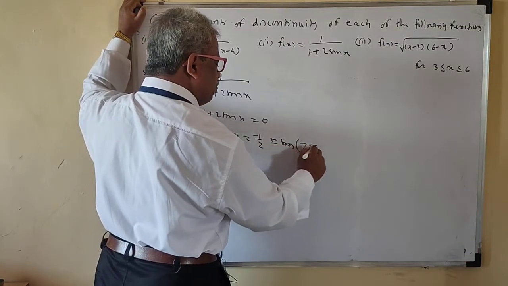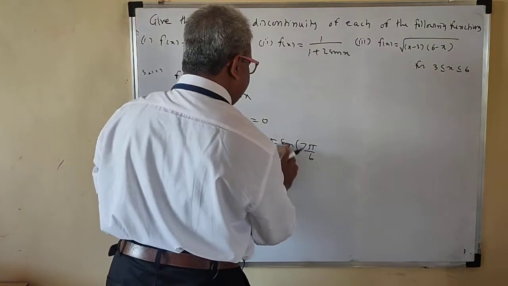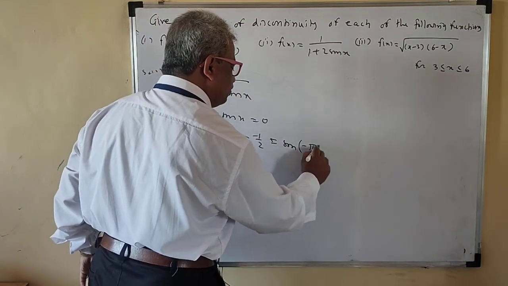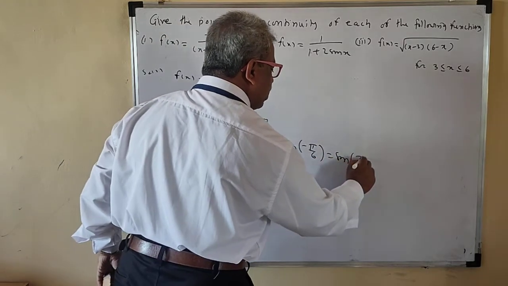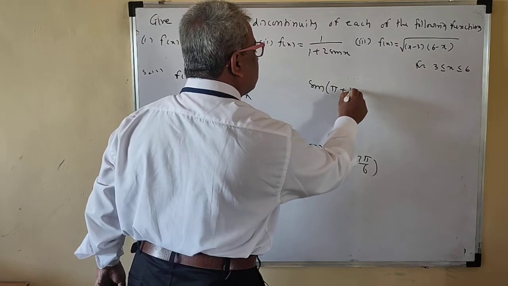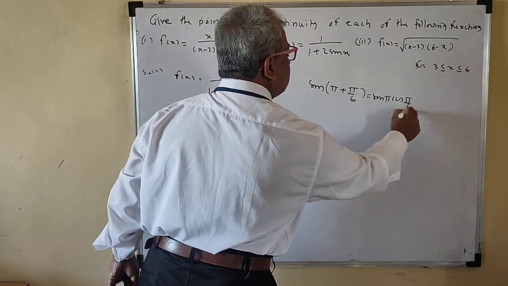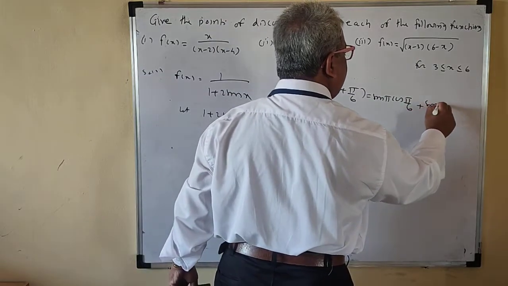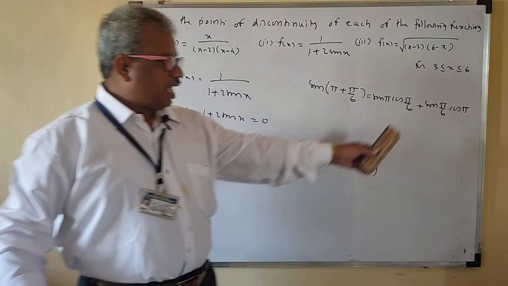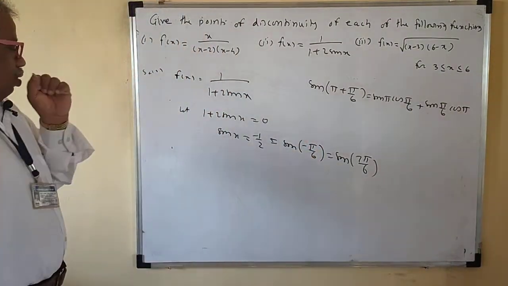We may write this as sin of minus pi by 6, which is sin 7 pi by 6. Because sin of (pi plus pi by 6) is sin pi cos pi by 6 plus cos pi sin pi by 6, cos pi is minus 1, sin pi by 6 is half, so this is minus half.